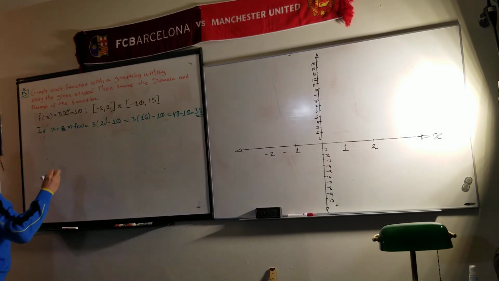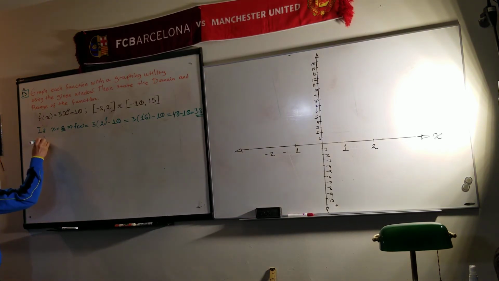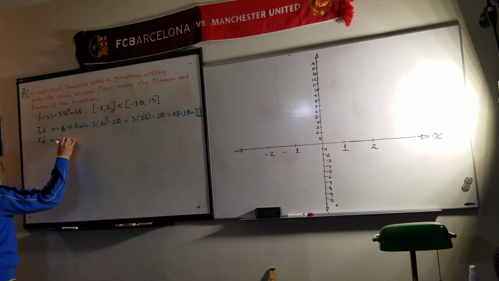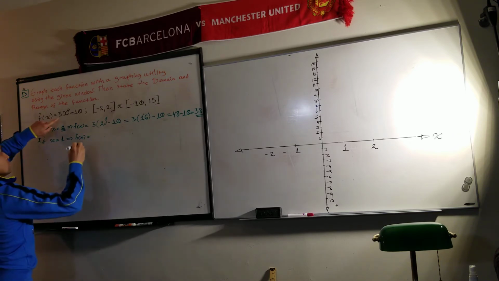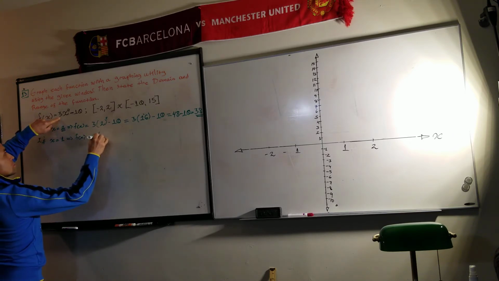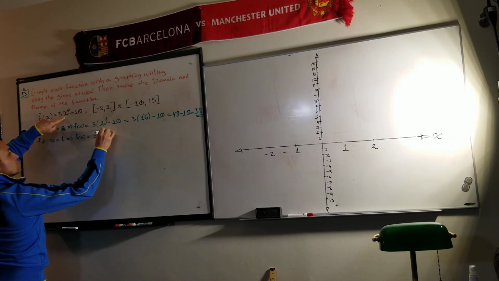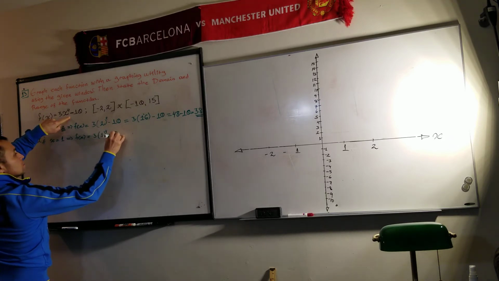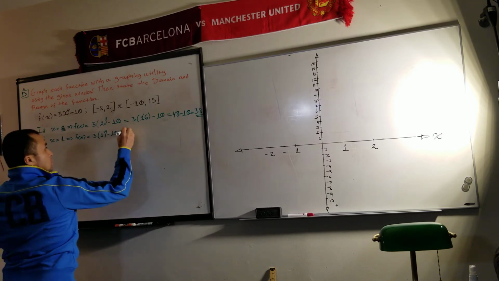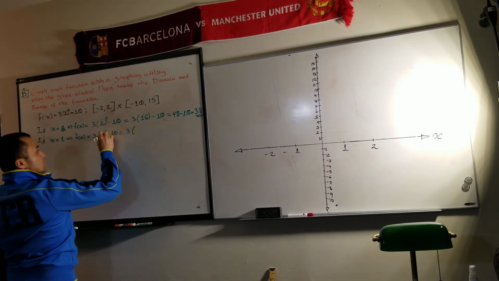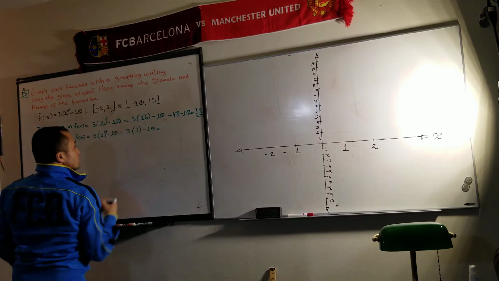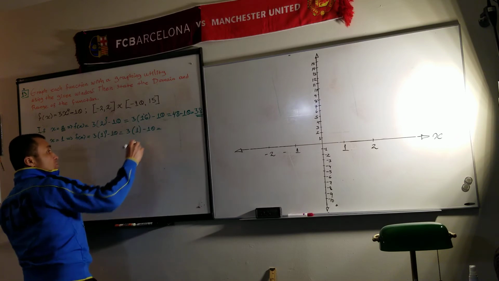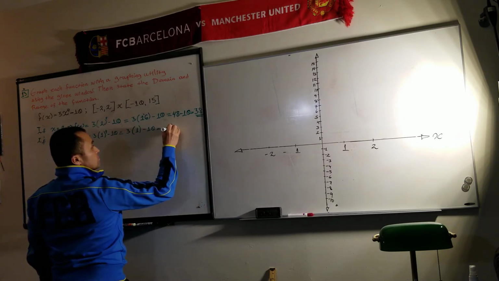Now let's see what happens if x is equal to 1. Then we have that f of x will be equal to 3 times 1 to the 4 minus 10. This will be equal to 3 times 1 to the 4, that is 1, minus 10. That will be equal to 3 times 1, that's 3, minus 10, that is minus 7.